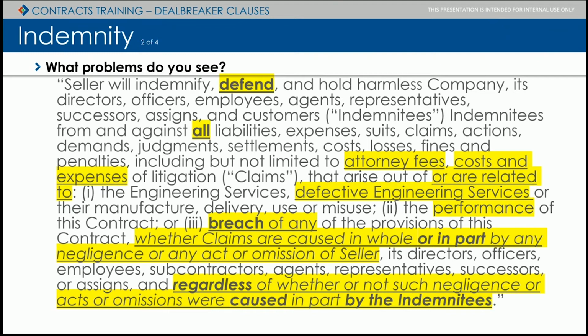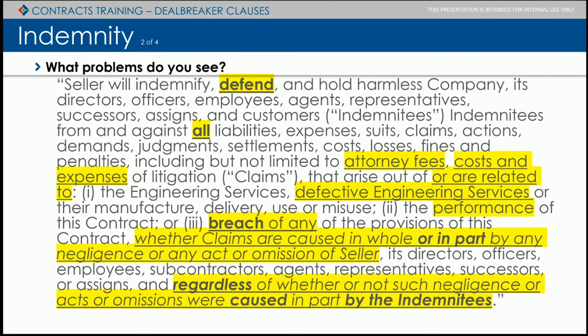Defend. The duty to defend is not covered by professional liability insurance. What does that mean? If a lawsuit is filed against our client and there are sections of that lawsuit that make allegations both against our client as well as us, and we agree to defend them, that's an upfront requirement or duty on our part.